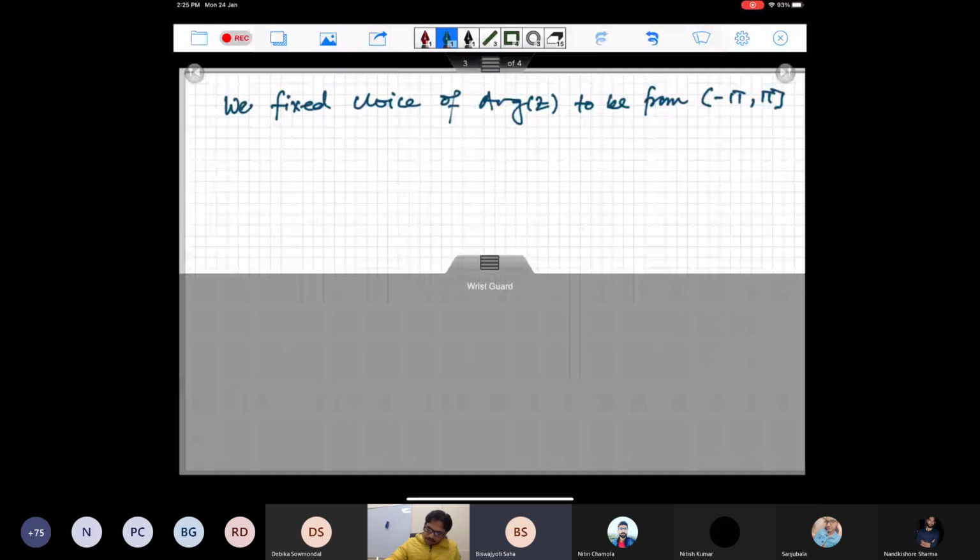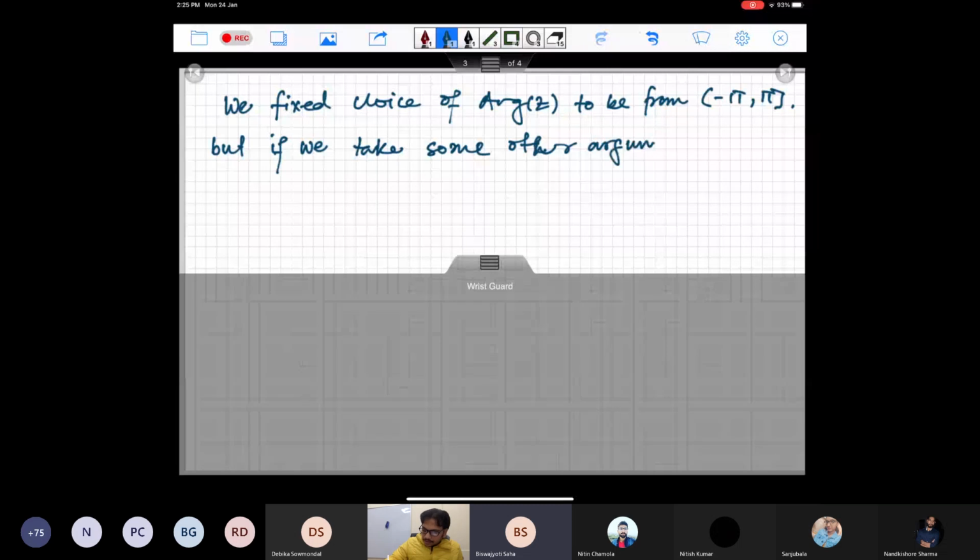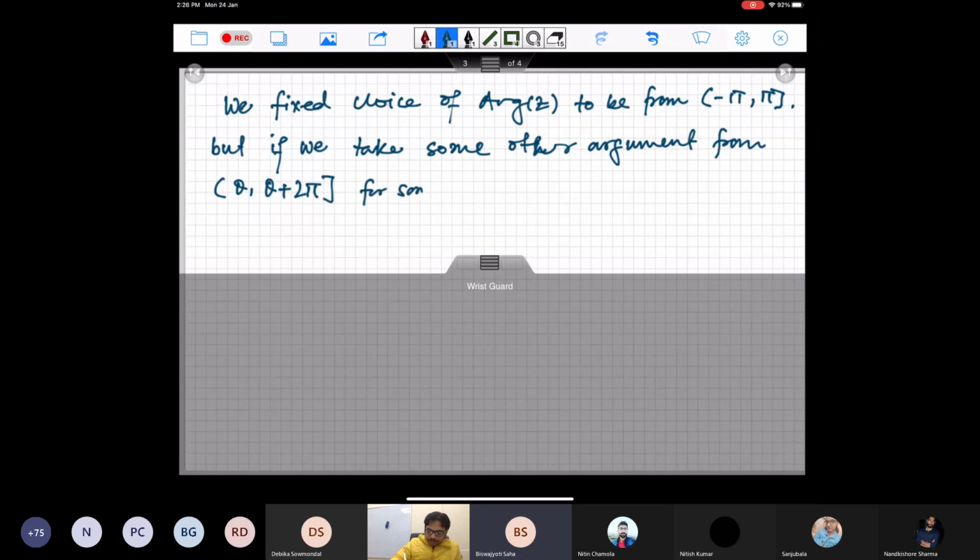But even without that, if we take some other argument from some interval, let's say theta to theta plus 2 pi, for some theta, any theta that you wish. Okay, then what will happen?